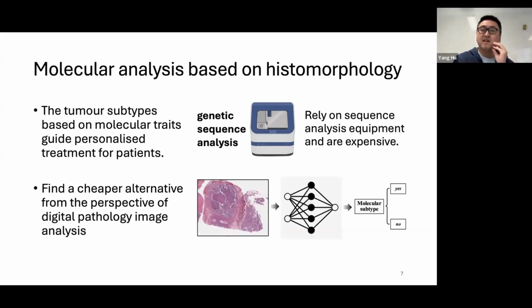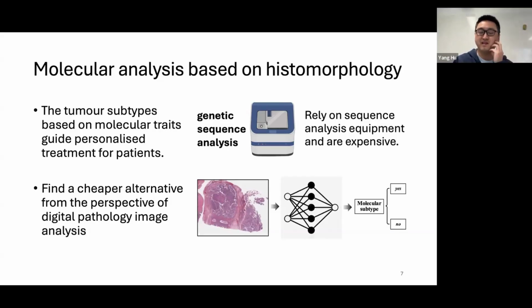But it relies highly on sequencing equipment and is very expensive, relatively more expensive than just looking at histopathology images. That's why we need to find a cheaper alternative from the perspective of digital pathology image analysis.